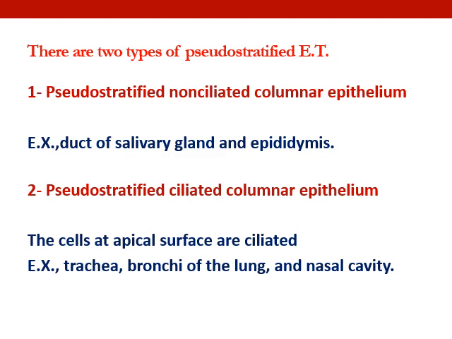In this type of tissue, the cells at the apical surface are ciliated and are associated with goblet cells, which are unicellular glands. This type of tissue is found in the trachea, bronchi of the lung, and nasal cavity. The functions include protection, secretion, and transport of particles out of the respiratory tract.